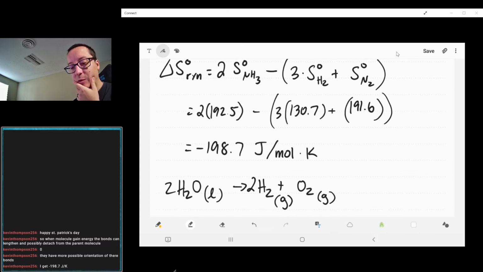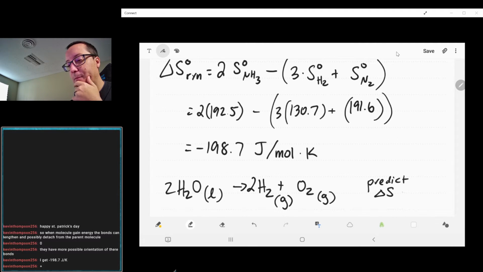If we're looking at this, what are we expecting delta S to be, positive or negative? Yeah, it should definitely be positive, right? We have a number of reasons for that. Not only do we have liquid going to gas, but we have 0 gas molecules to 3 gas molecules per reaction, right? So we have a number of things here telling us this should definitely be positive.